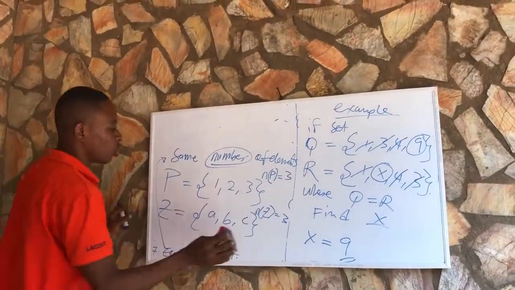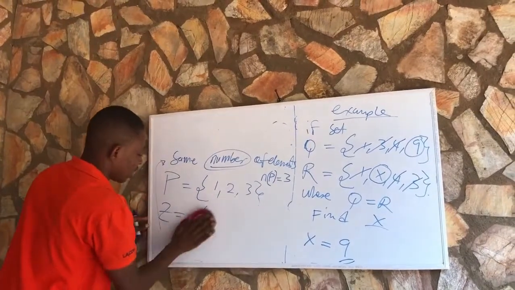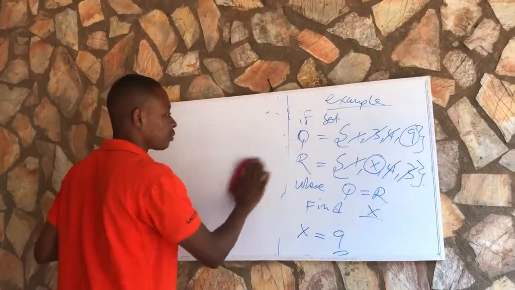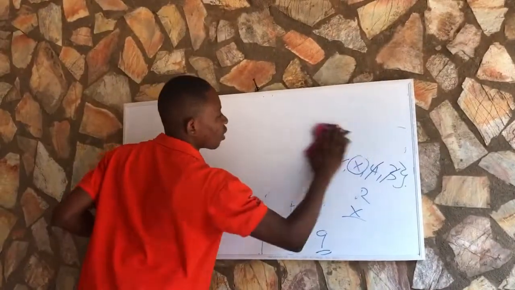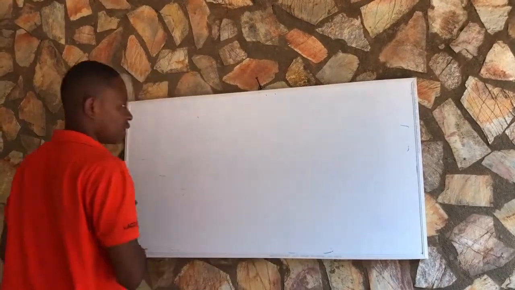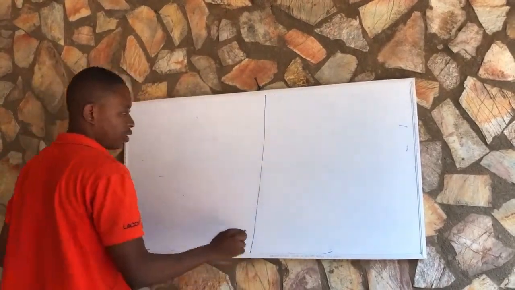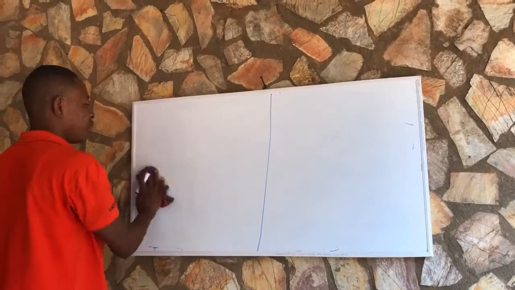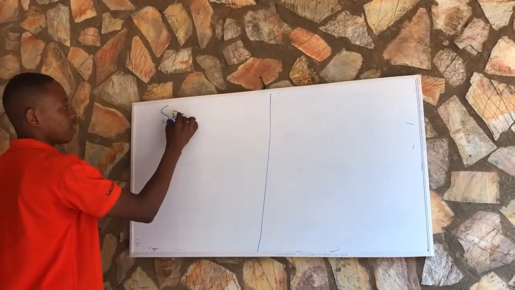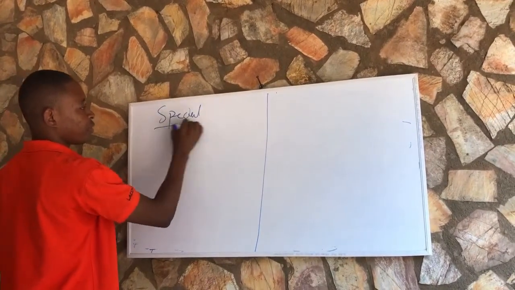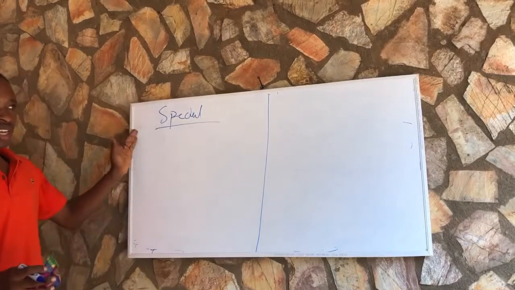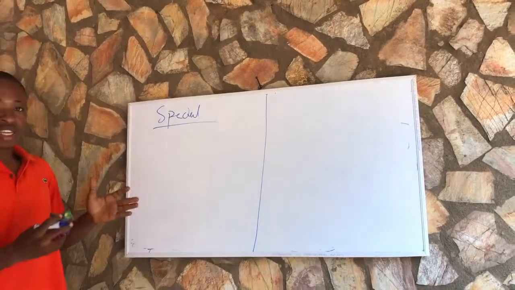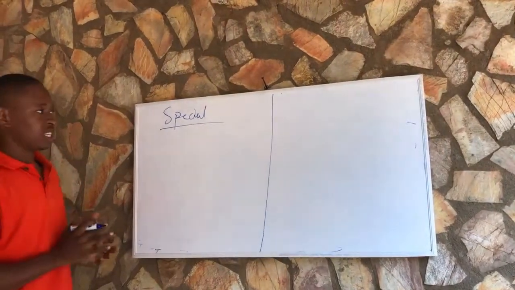So let's look at the 8th classification of a set. We have classified this type of sets as special sets. This is a special type of set, and it's a collection of various types of sets.